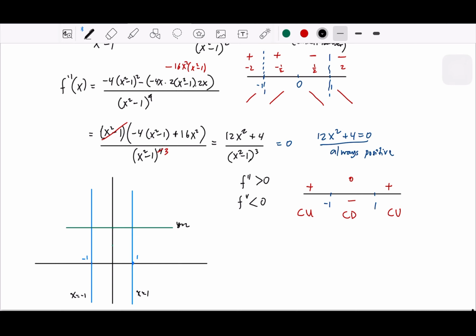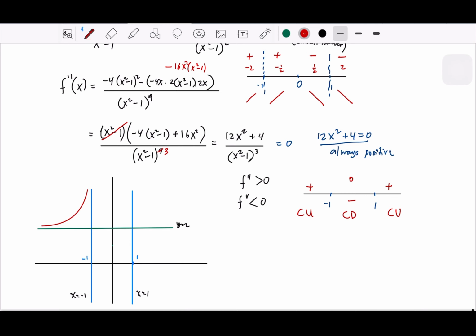So the most possible sketch is, okay, make sense? Let me make it a little bit longer. Maybe here. Okay, so this will be, okay, like that.